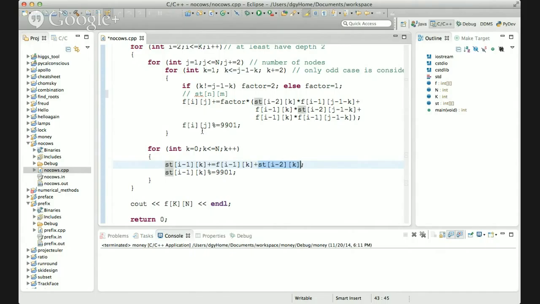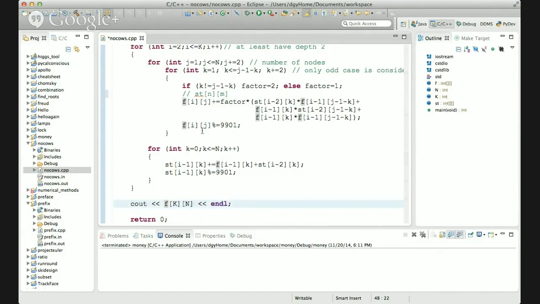So I can build up STi minus 1, k. All right, it's a little bit complex here. You need to fill it, and then of course this solution is also modulus by 9901. And finally, it always goes like that.